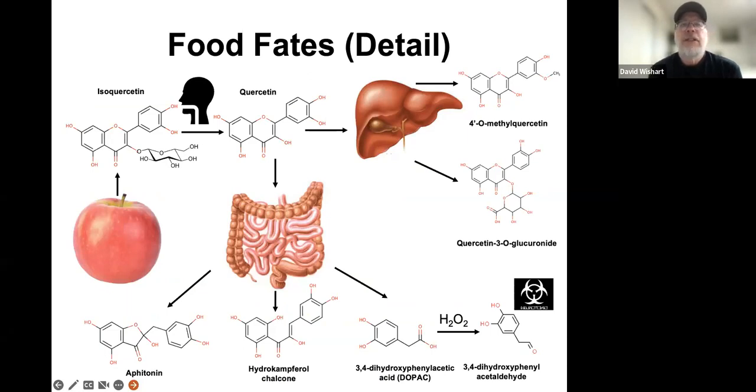This is another example. If you bite into an apple, you'll typically produce a polyphenol called isoquercetin. That'll be in your mouth, but immediately it's deglycosylated to go to quercetin. Quercetin will be absorbed in your bloodstream, and it'll go either to the liver, where it'll produce a number of other phase 1 and phase 2 metabolites, or it could go straight into your gut, where it'll be transformed by microbes into a variety of other compounds, where there'll be various ring cleavages and breakdown and production of some compounds that are helpful and some compounds that are actually harmful and dangerous.